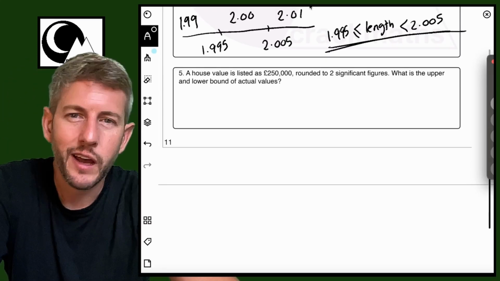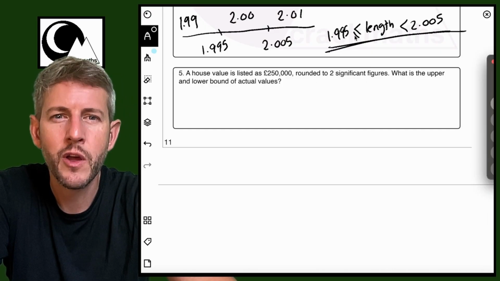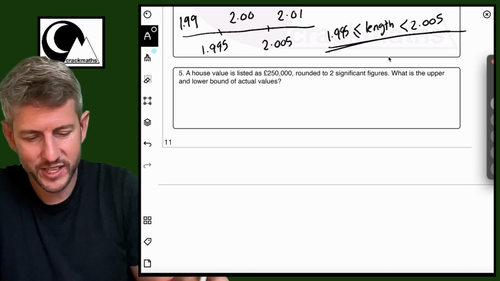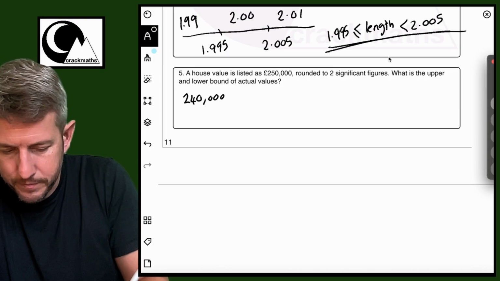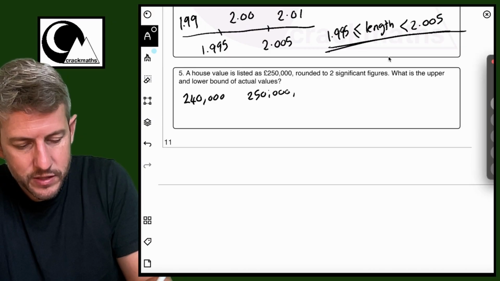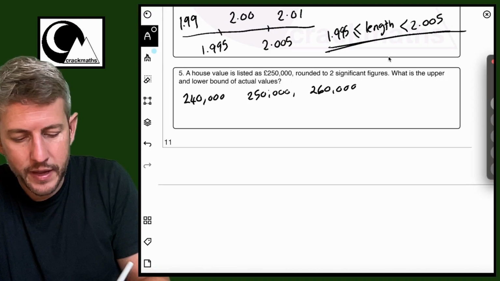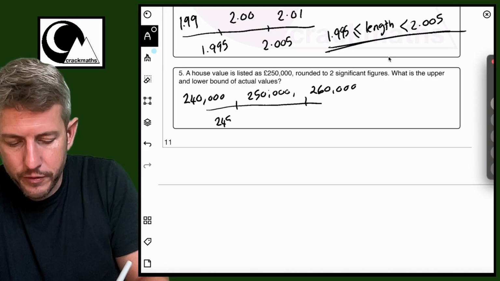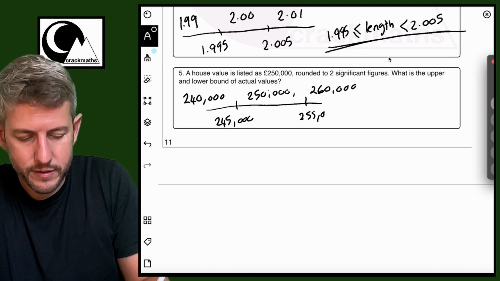Right, question 5. We've got here, a house is listed as £250,000, rounded to 2 significant figures. What is the upper and lower bound of the actual values? Okay, so it would have either been 240,000 in a different world, it was 250,000, or if it had been rounded up, it would have been 260,000. The halfway marks between these are 245 and 255.